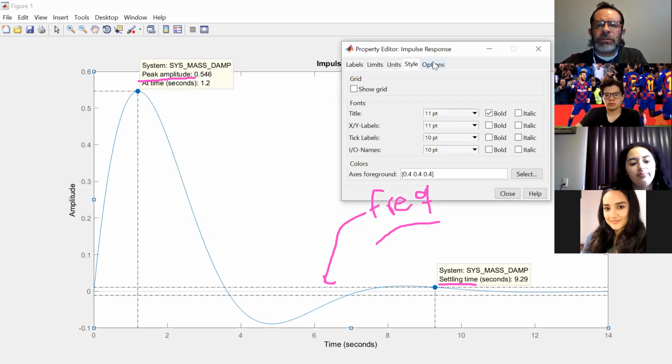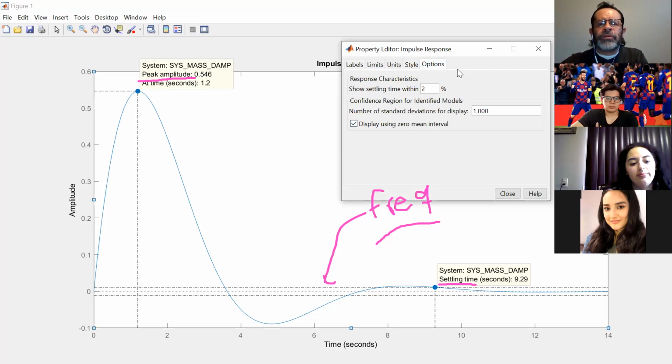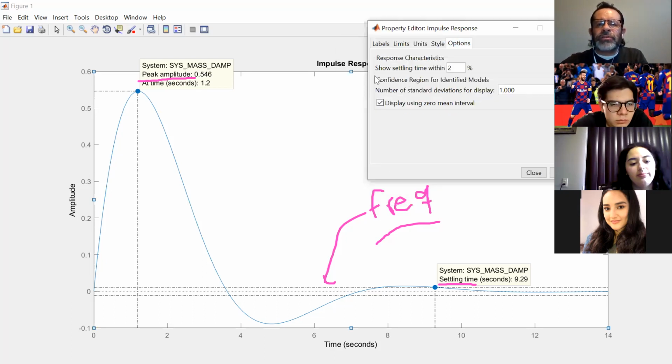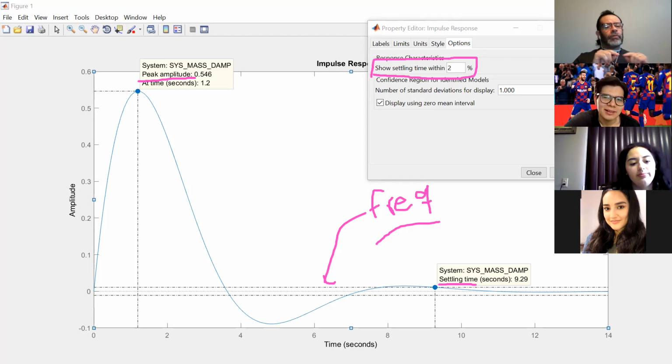I think it's here. Yeah, what do you see? I don't know if you can read here. I don't know how small it is, Carlos, but what do you see here? If you can read that. Settling time within 2%. I can play around with that.